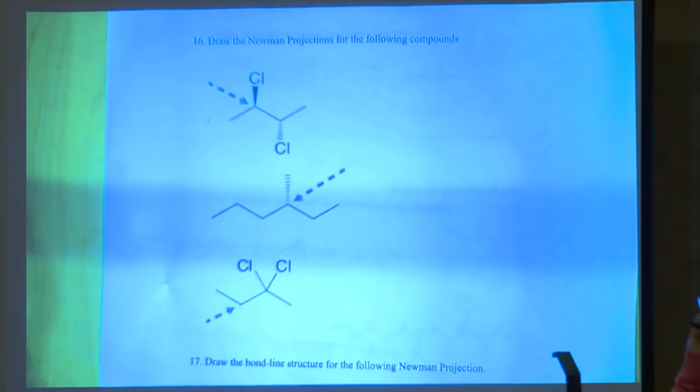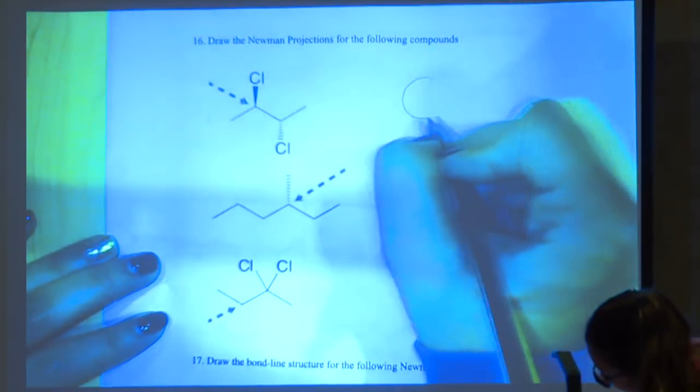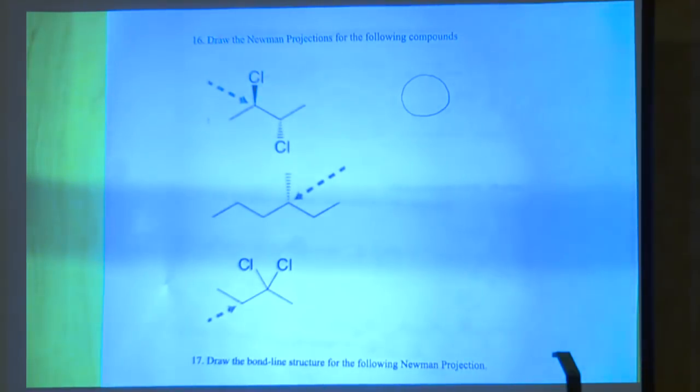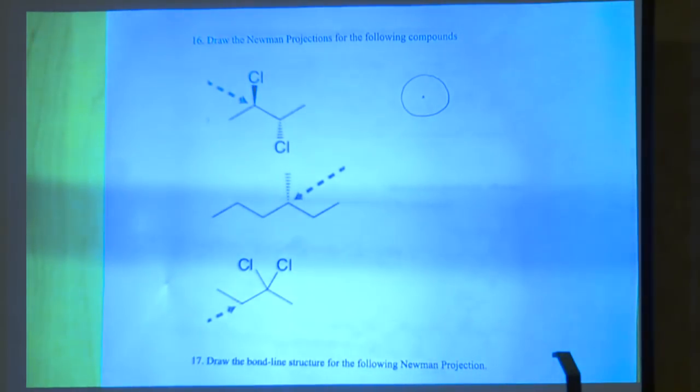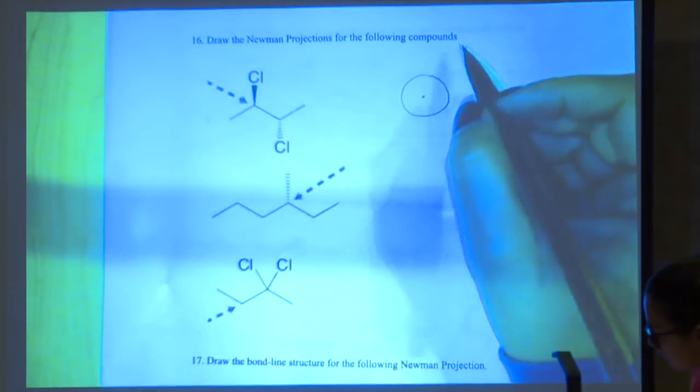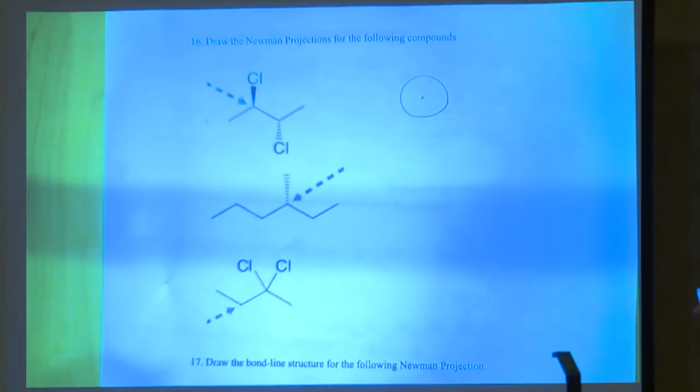If you don't know where else to start, just draw a circle. Okay, we have a dot in the center. And what does that dot show us? Good. So the first carbon we're looking at. To the top? What side? Good. So top right. No, wait, I think it's the top left.